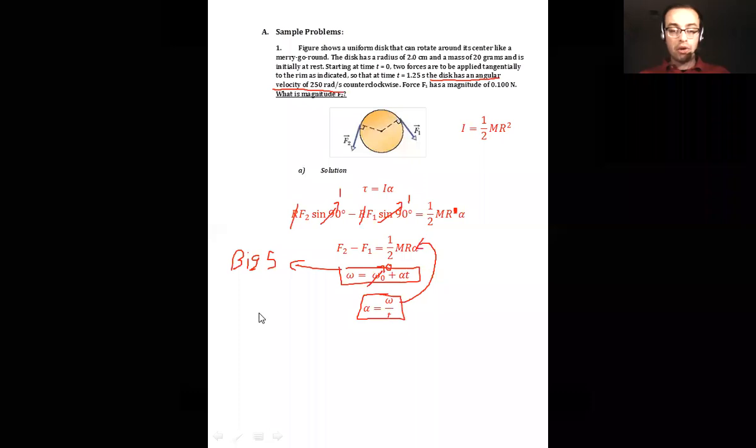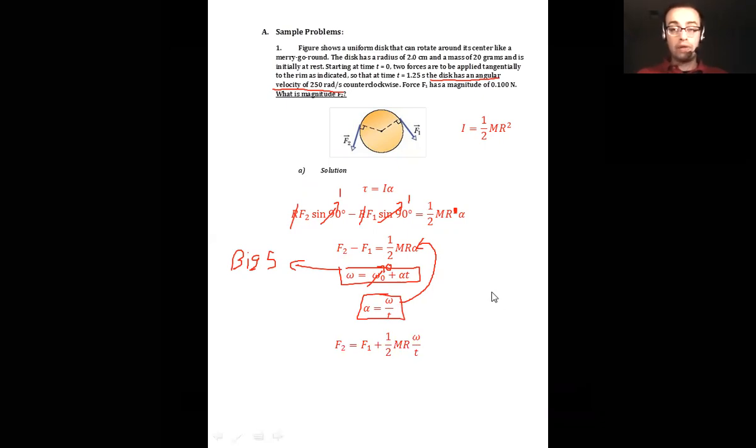And what that's going to give us is an expression for the difference in forces in terms of the final angular velocity and in terms of the final time, both of which are quantities we know. So F2 minus F1 equals 1/2 m r omega over t. We rearrange this. We find that F2 equals F1 plus 1/2 m r omega over t.